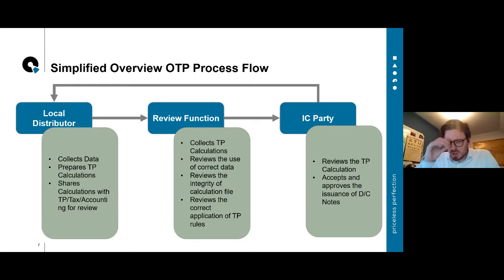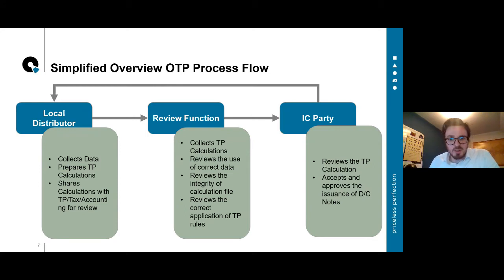For example, are there any costs included in a physical product flow calculation that may relate to different transactions, for example the sale of assets or intellectual property, which of course should not be taken into account to test the arm's length of an LRD. Or more simply, is the margin used in the calculation for the transfer price correct.